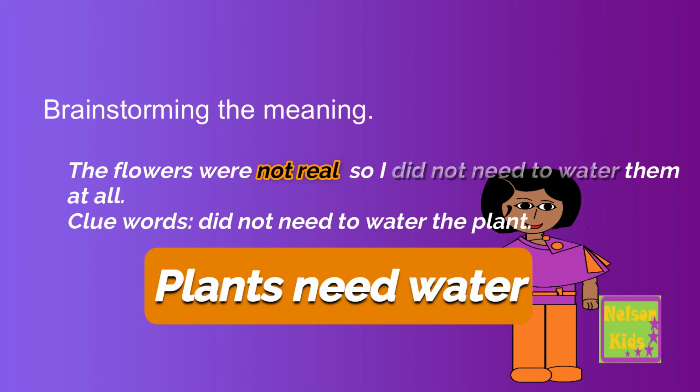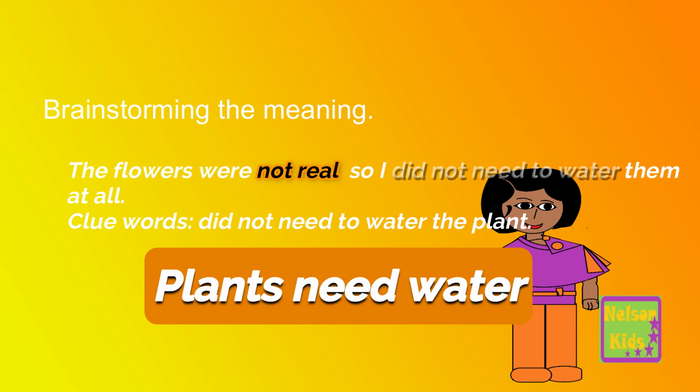But you said that the flowers were artificial, so you're looking for a word that is opposite to whatever is happening. Real plants need to be watered. What is the opposite that can happen? What kind of plant? So you're looking for an antonym clue there. So we will develop the skill of the antonym and synonym clues and all the other types of clues.